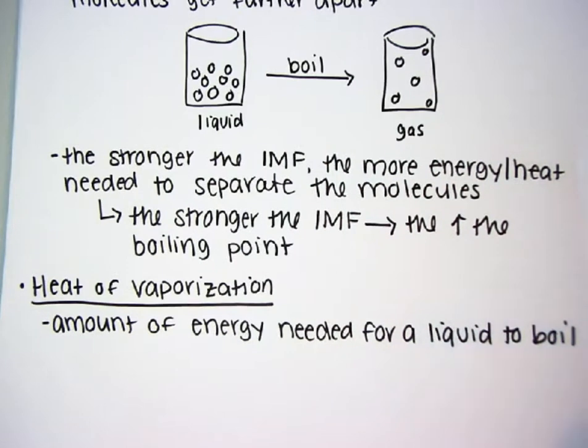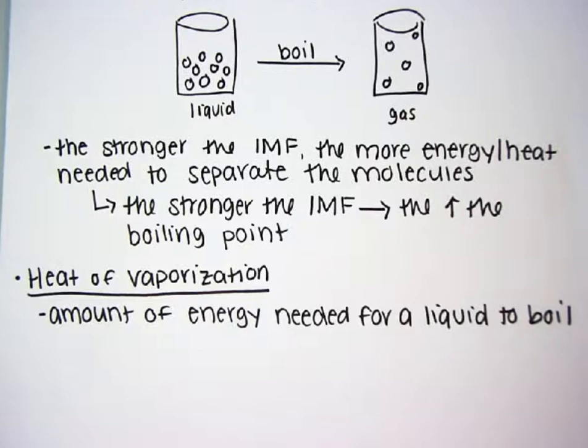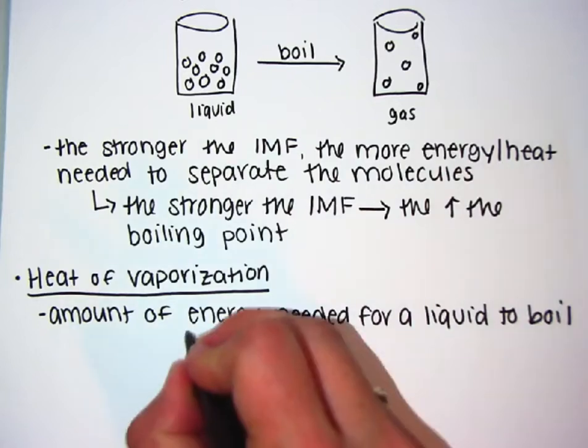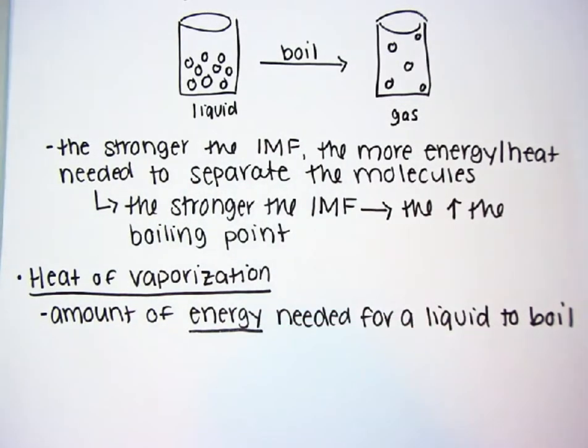Heat of vaporization is going to be the exact same trend as boiling. The boiling point is the temperature at which the substance boils. For example, water boils at 100 degrees Celsius. Heat of vaporization would be how much energy do we need to put in to get a certain amount of water to boil. So they're pretty much the same thing.